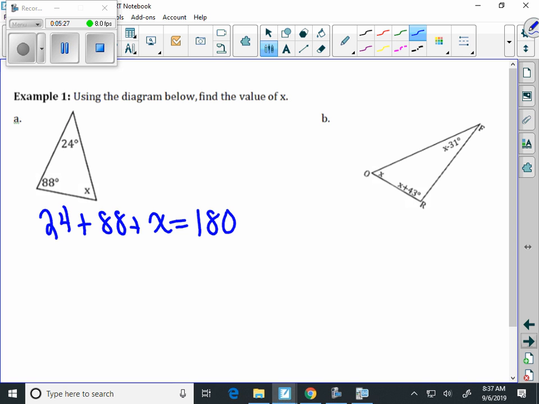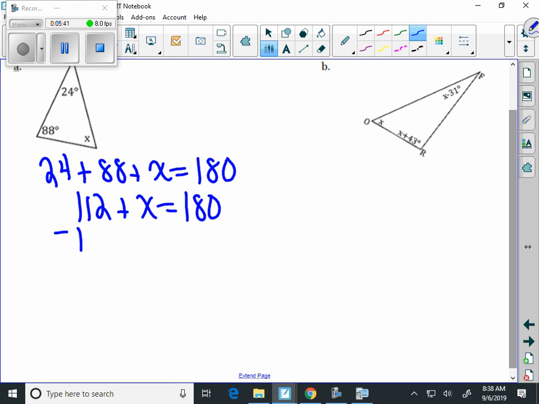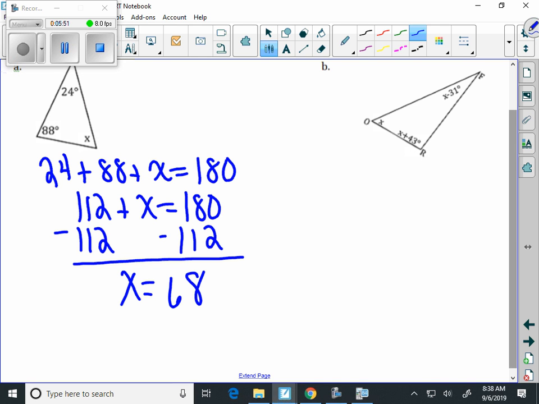When we combine here, we get 112 plus x is 180. We can subtract 112 from both sides, and we get 68. 68 degrees for our angle.